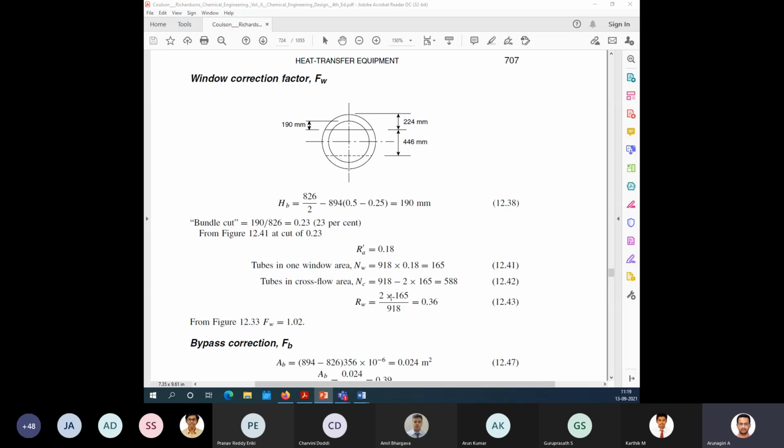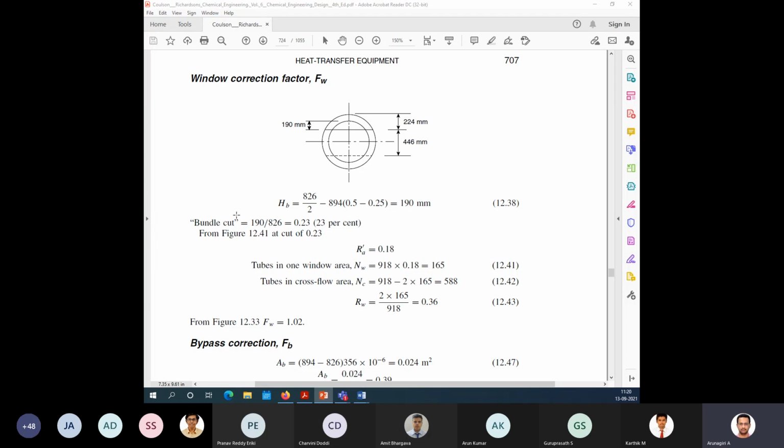So Rw is nothing but 2 times Nw by NT. So Nw you have to calculate. Nw is NT, total number of tubes, into Ra dash. What is Ra dash? Ra dash is nothing but your bundle cross sectional area in window zone to total bundle cross sectional area.